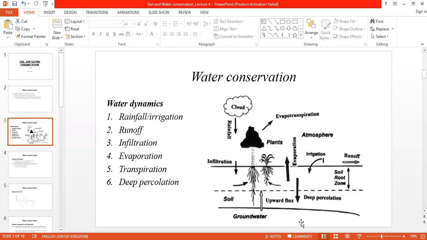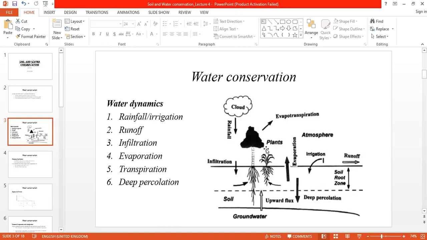In some cases, we find that water will rise from groundwater into your root zone. So these are the processes that water undergoes as it is recycled from the atmosphere, into the soil, then back to the atmosphere.